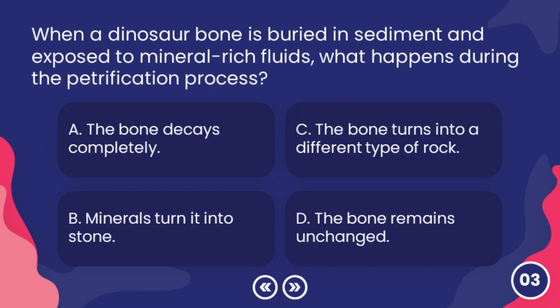Question number 3. When a dinosaur bone is buried in sediment and exposed to mineral-rich fluids, what happens during the petrification process? A. The bone decays completely. B. Minerals turn it into stone. C. The bone turns into a different type of rock.